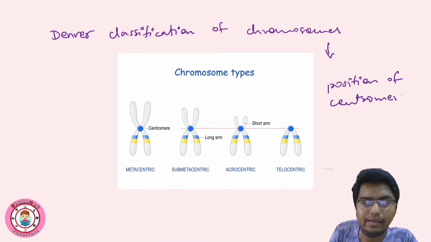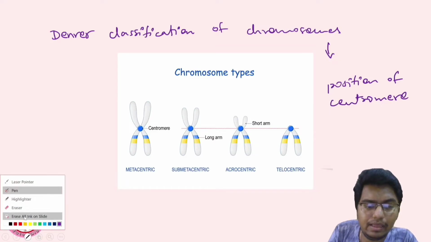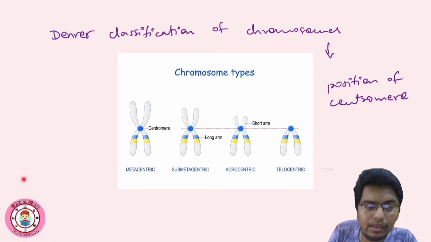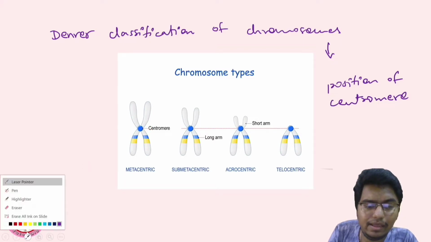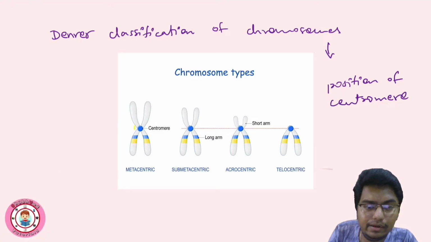So we know that this is a chromosome. And see this part, we can see a centromere here in blue color. When it is located in the center, it is known as metacentric.